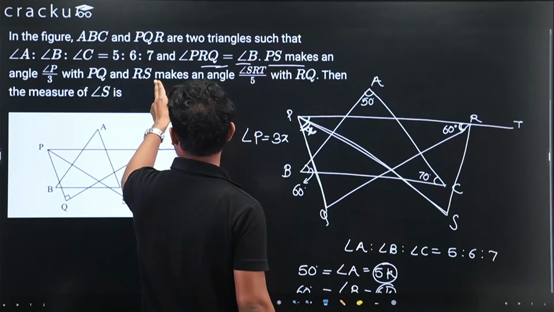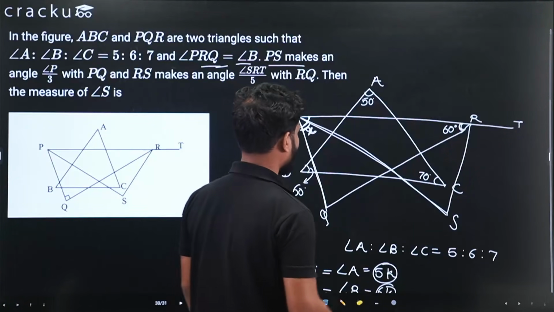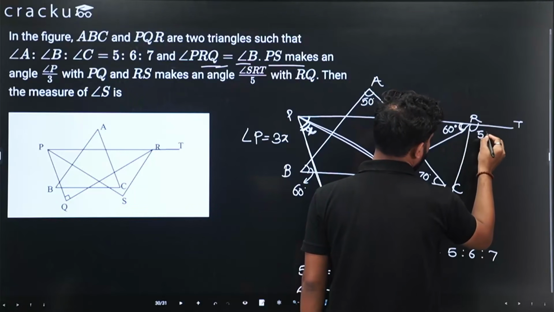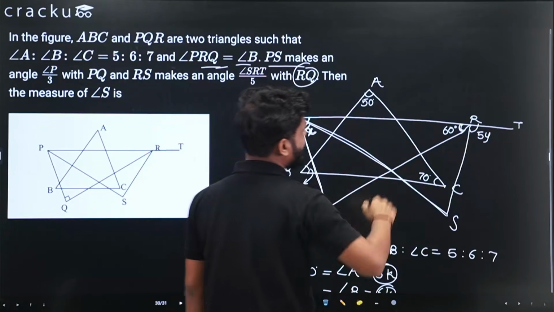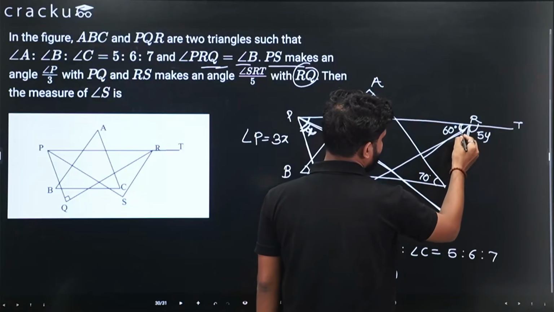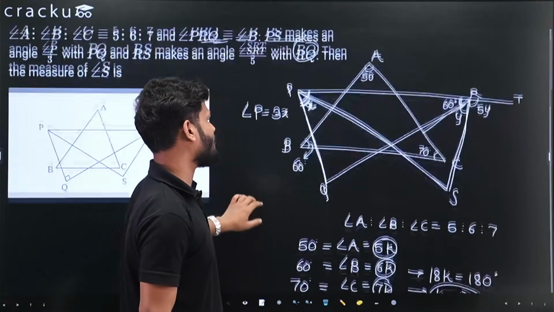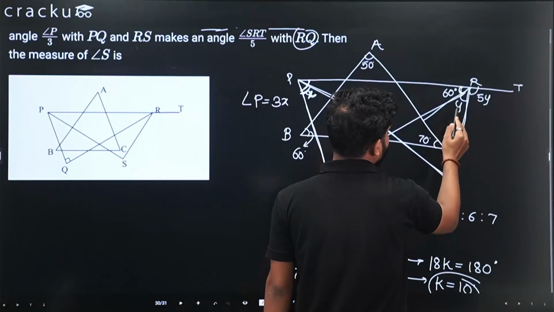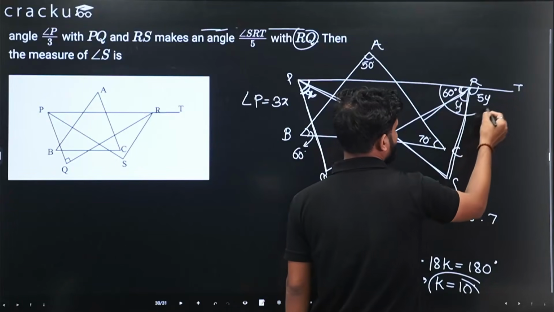And RS makes an angle SRT by 5 with RQ. So I have SRT. Let us say SRT is 5y. Then RS will make an angle with RQ which is divided by 5. So RS is this one, RQ is this one. So this angle will be 5y by 5, this will be y. Now can you find the value of y? Yes, you can. How? 60 plus y plus 5y will be 180 degree, because this complete angle is 180 degree.